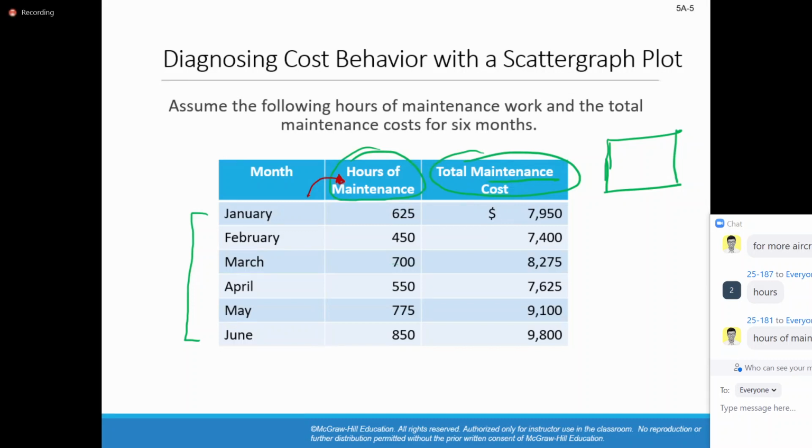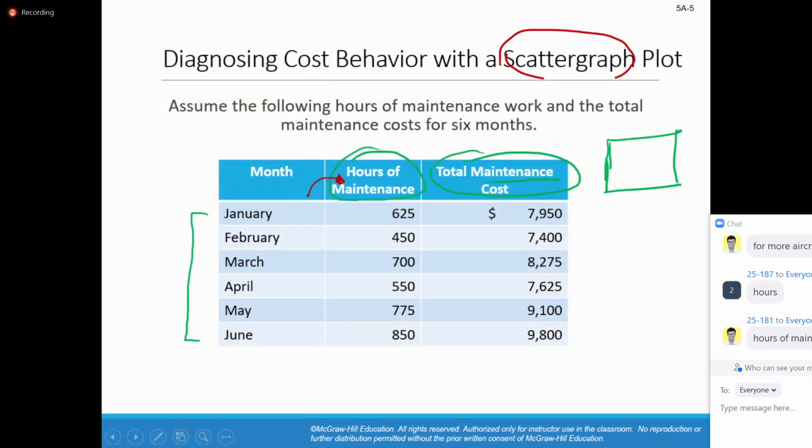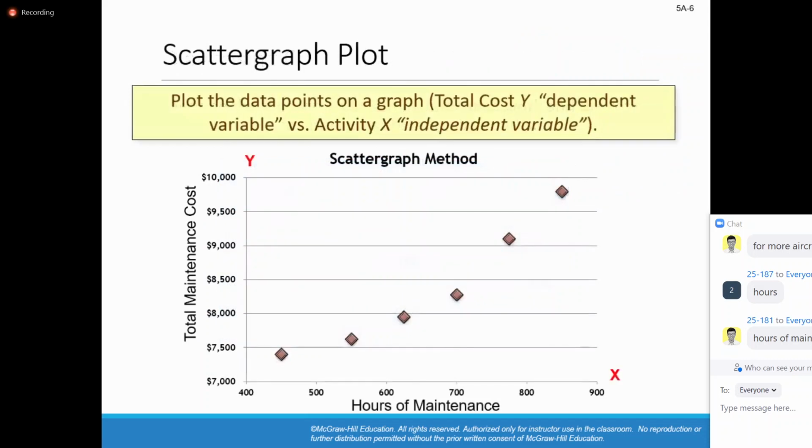Again, I would like to recall why we are doing this. We want to plot a scatter graph to find out whether it is really a mixed cost. If it is, then we will try to identify which portion is fixed and which portion is variable, right? Okay. So let's plot the relation.